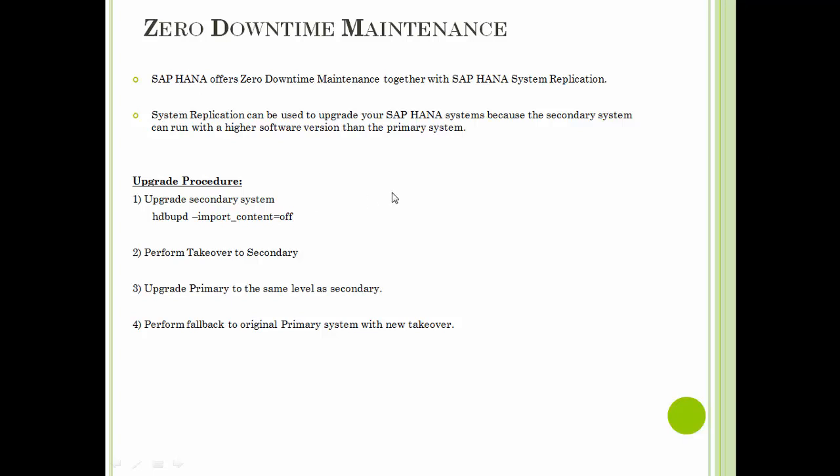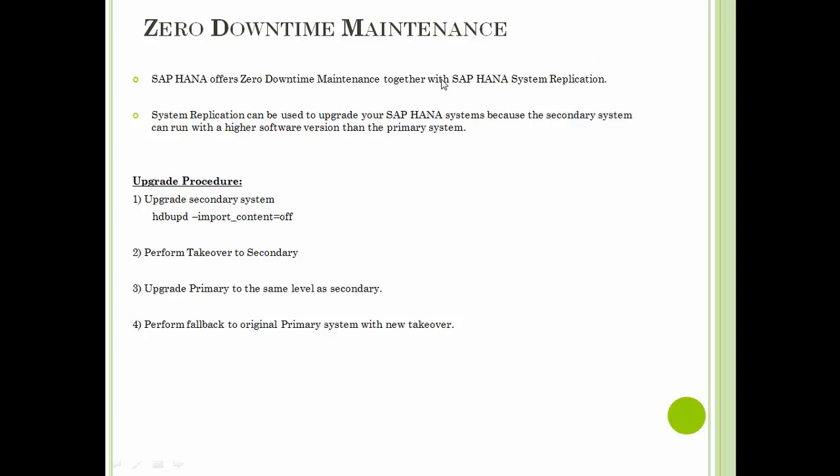As I have already explained, I would repeat, a near zero downtime approach is applied here, where zero downtime maintenance is used when we want to do upgrades of the software or the hardware as well. Say, if the latest hardware or latest software levels are to be reached, we can make use of this zero downtime maintenance approach along with the system replication.